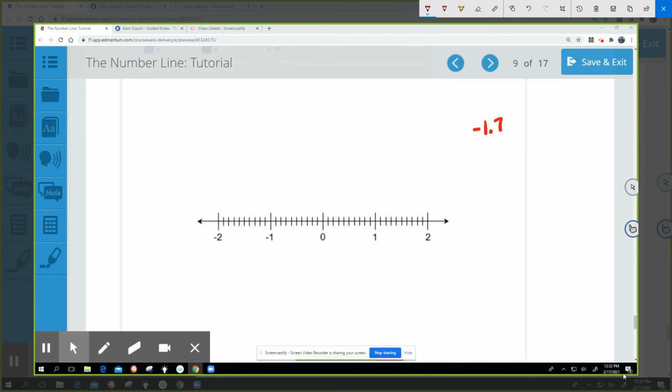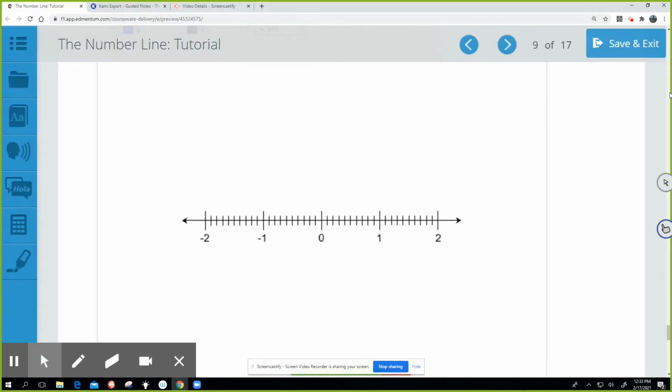It's going to be a -1.7. And so -1.7 is -1, and then we have to do 1, 2, 3, 4, 5, 6, 7 tenths over here. So -1.7 is right there. Any questions on that? Okay.